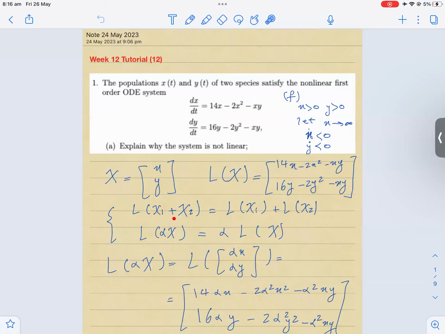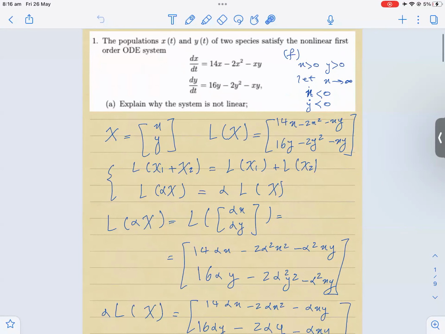It means I should have two properties, or one property: L of alpha times x1 plus x2, I combine them. So this is too much for me. I don't want to test this one. Instead, I will try this one. L of alpha x: I substitute x by alpha x and y by alpha y.